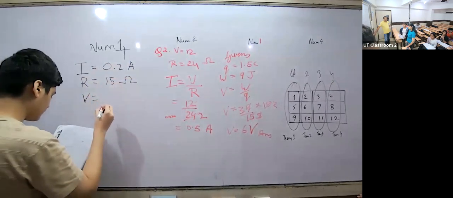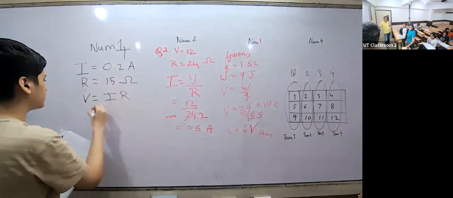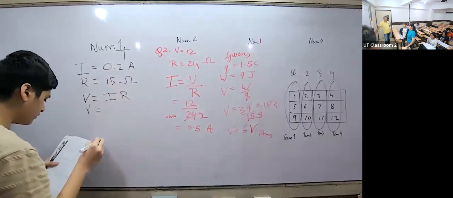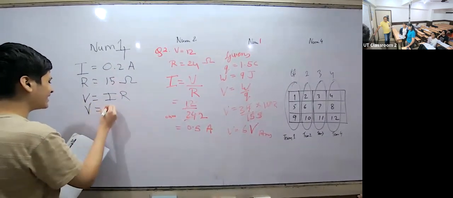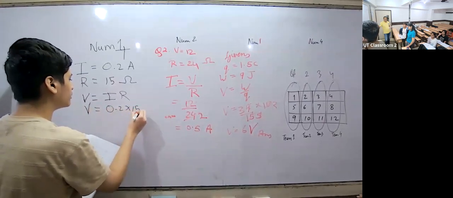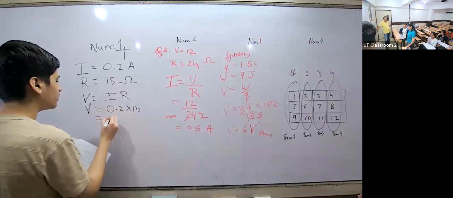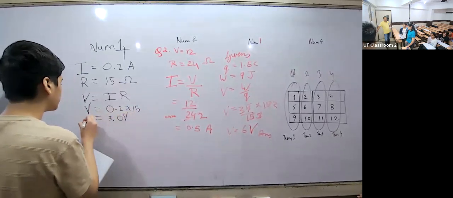What is Ohm's law? V is equal to R I. So V will be equal to 0.2 into 15, which is 3. What is the V?